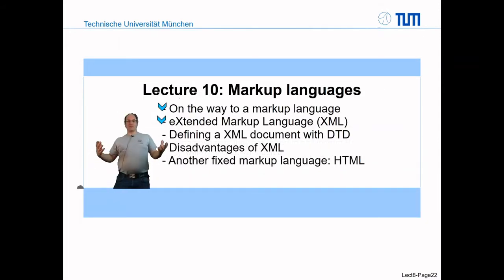I walked quite fast through this XML description, because I think it's really simple. To create a well-formed XML file, it's quite simple. You just have to sit down and think about which parts you need for representing your data. So for example, you classify, you give names for what is part of your content.